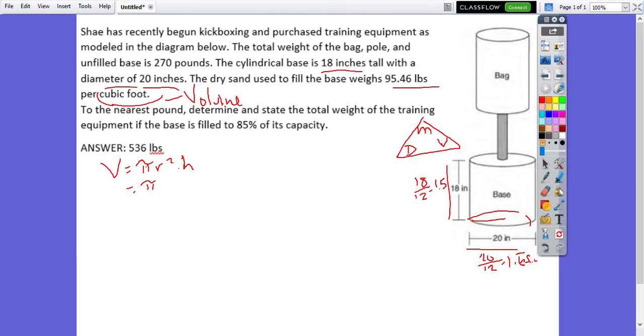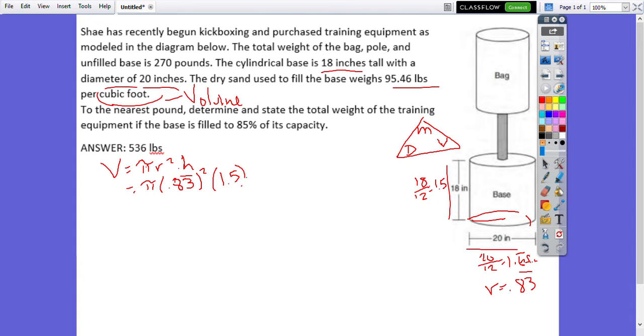If we take 1.6 repeating and divide it by 2, we get 0.83 repeating. So that's the radius, 0.83, and then the 3 repeats. So that is our radius, 0.83 repeating squared, and then our height is 1.5.